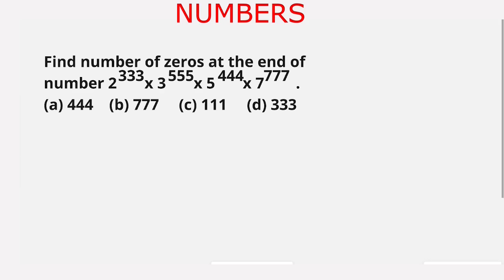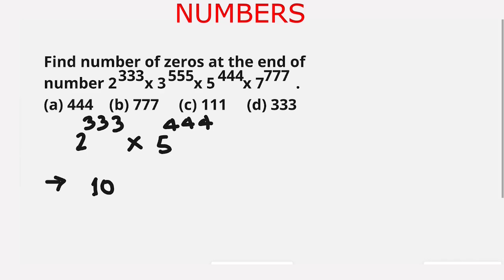So we have to find the number of 2's and the number of 5's in the given number, and that will be 2 to the power 333 multiplied by 5 to the power 444, and this gives 10 to the power 333 multiplied by 5 to the power 111. So we have 10 to the power 333, and that will be the number of zeros at the end of the given number.